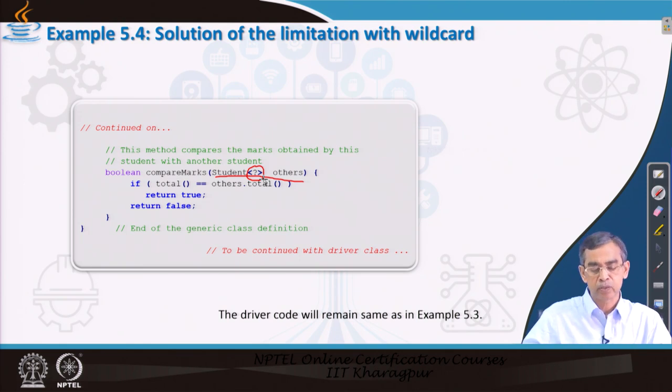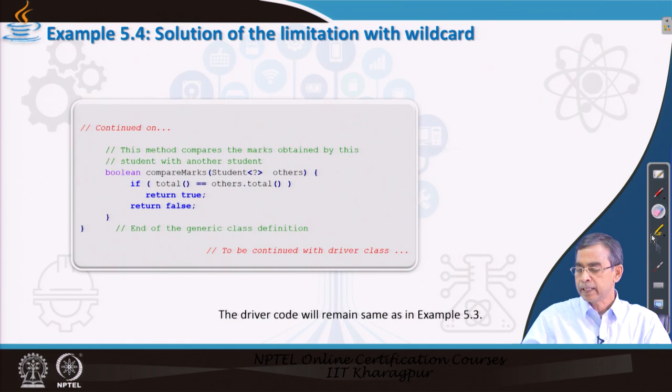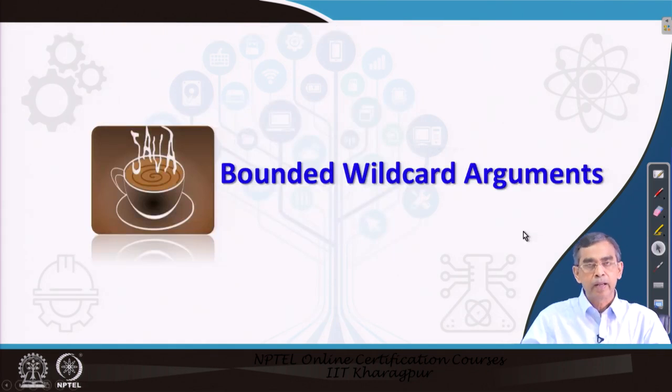So typecasting is automatically enforced. With this correction, the program is now ready for you to compile and run, and here is the main program. The main program remains the same, you can run it and you will see this. There is a little modification we have incorporated to avoid a certain limitation.